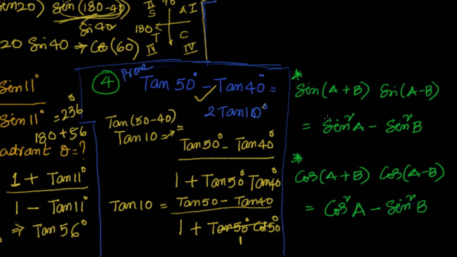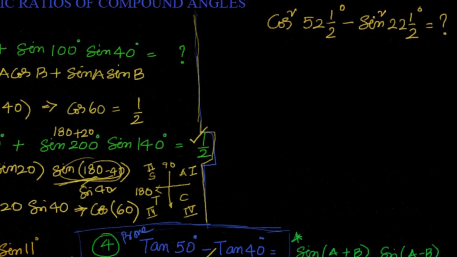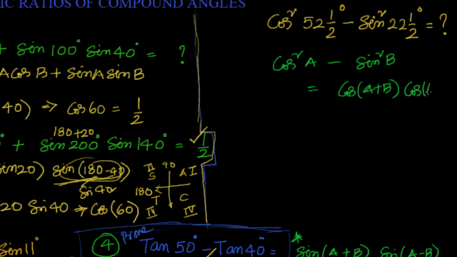A square minus B square. So just simplify that and you will get this. Now we have here cos square A minus sin square B in the problem. We know from the discussion we had, this is nothing but equal to cos of A plus B into cos of A minus B.